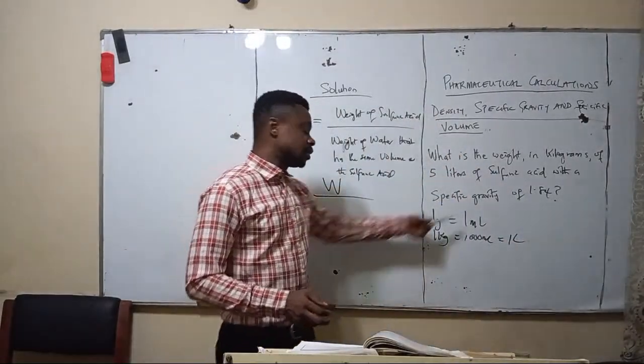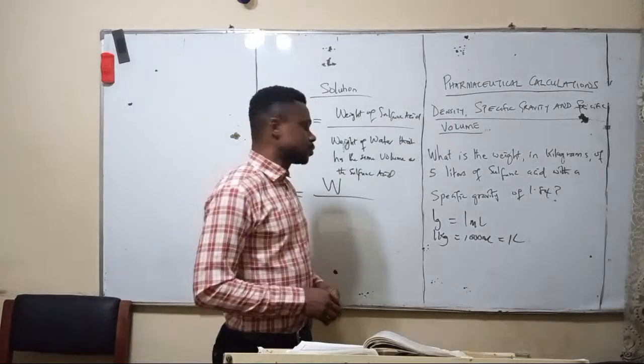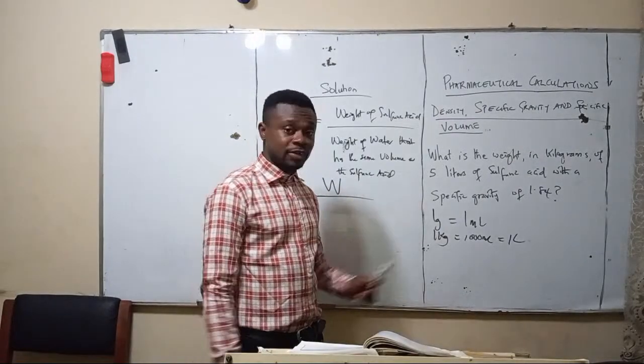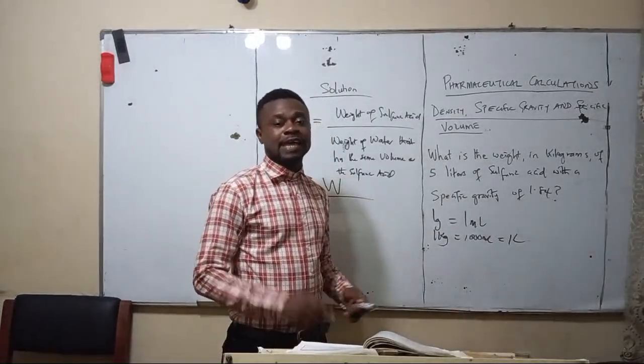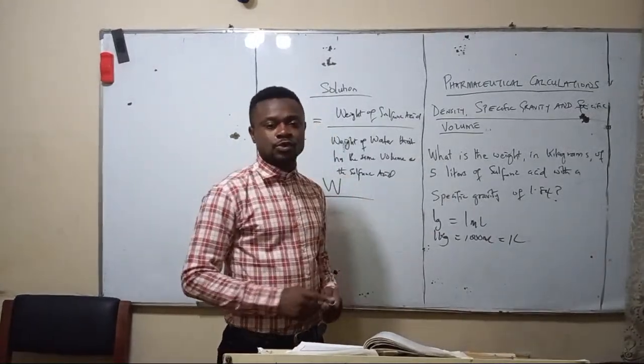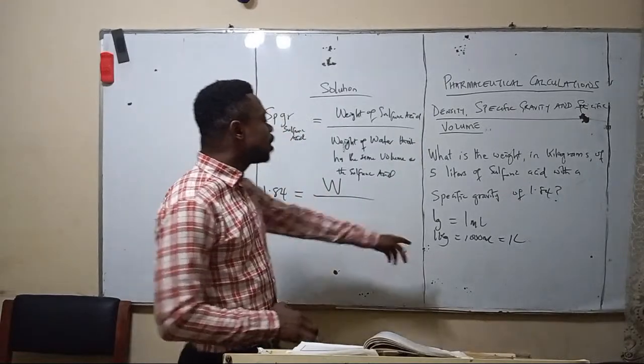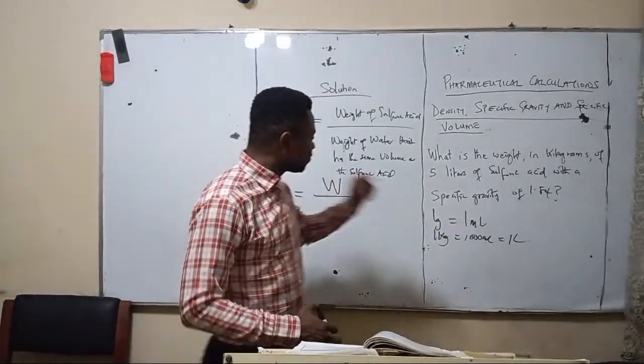If 1 gram is 1 ml for water, under specific conditions anyway, 1 kilogram is 1,000 ml, which is 1 liter. Therefore, for water, 1 kilogram is 1 liter.